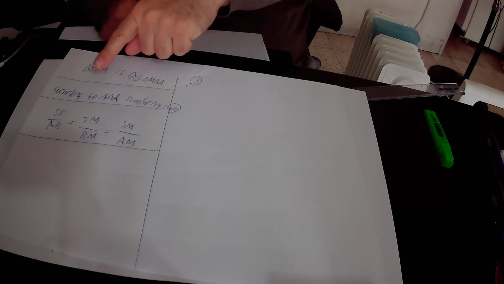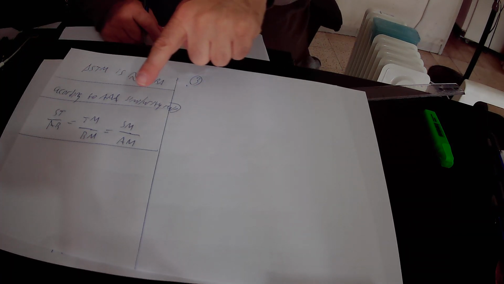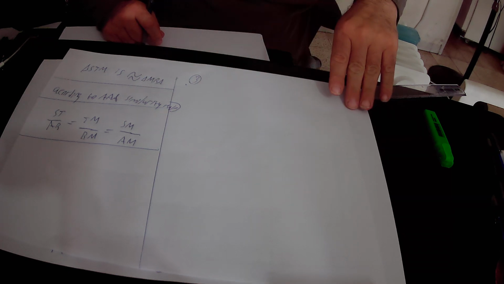In conclusion, we found out that ST over AB equals TM over BM equals SM over AM.